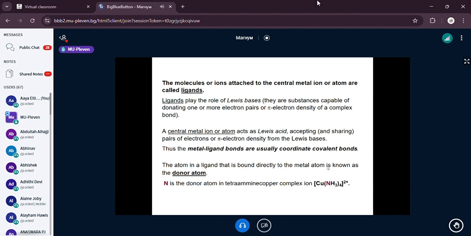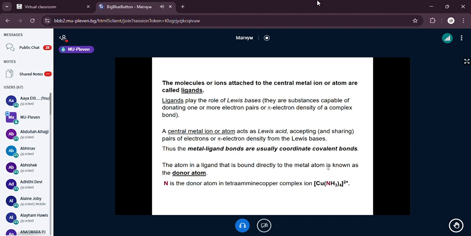The central metal ion or atom usually contains empty atomic orbitals, so it behaves as a Lewis acid. So the bond between metal and ligands is a coordinate bond, a type of covalent bond.